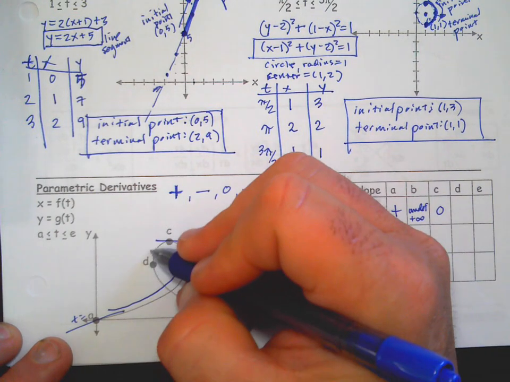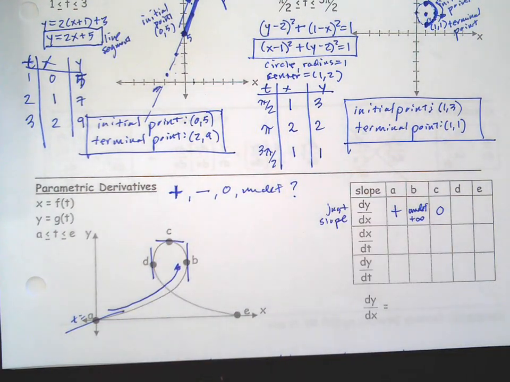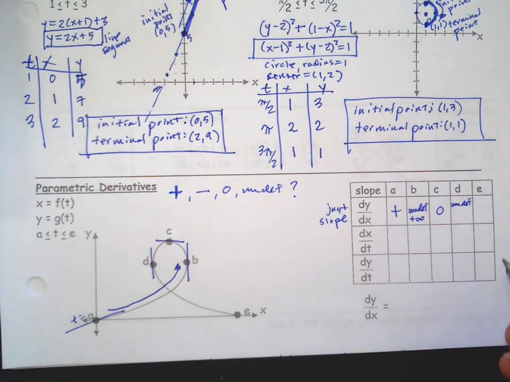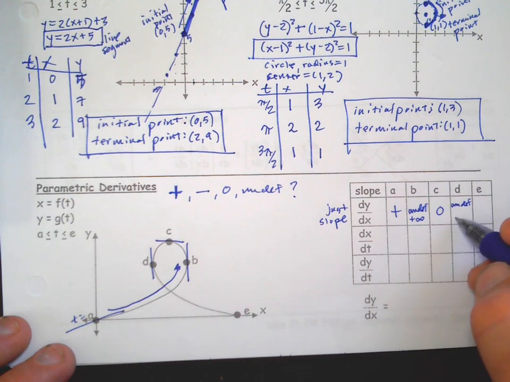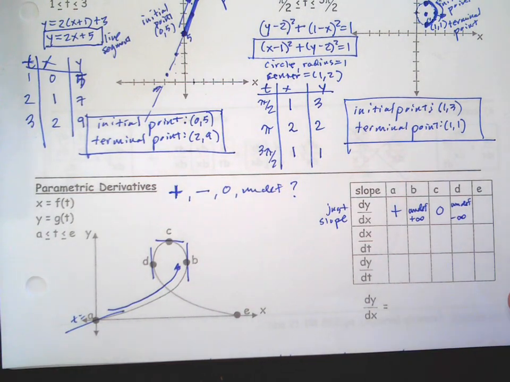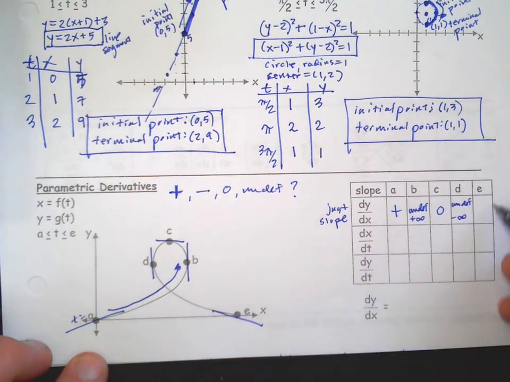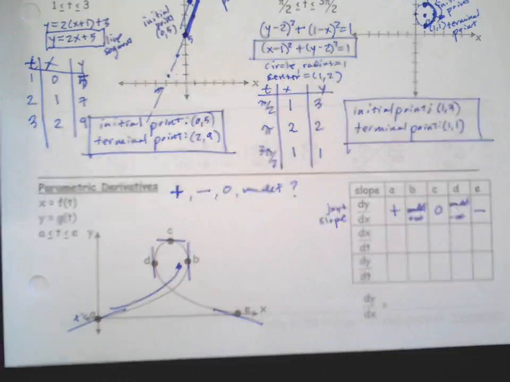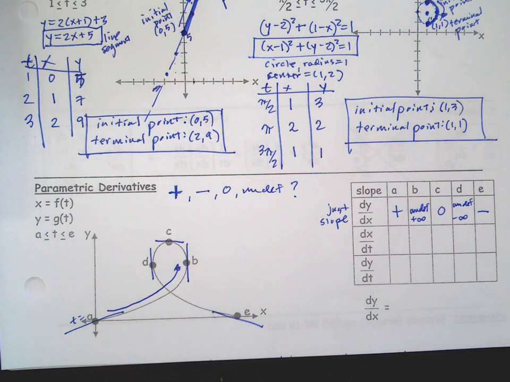At D, it is also infinite, undefined. I would maybe think of it as a negative slope because we're going down. E, that's just a negative slope. So that's just regular slope.